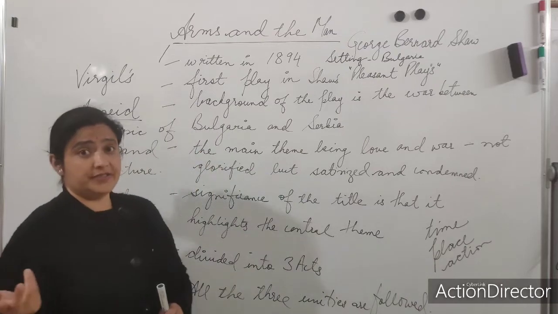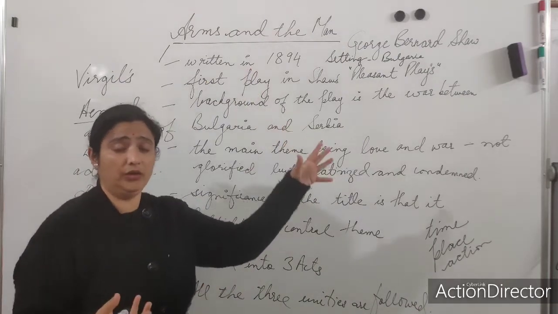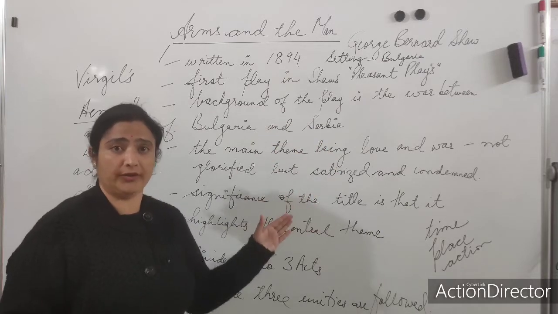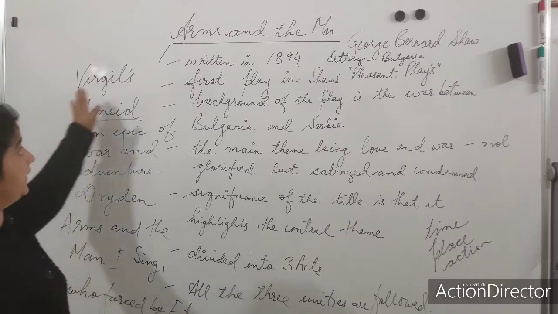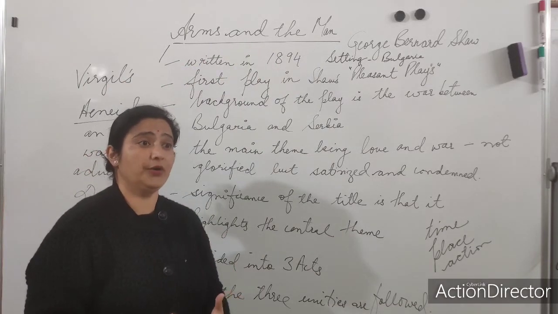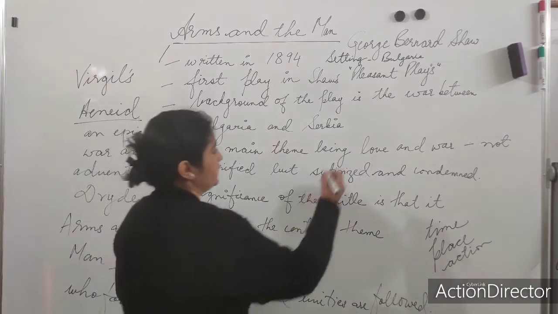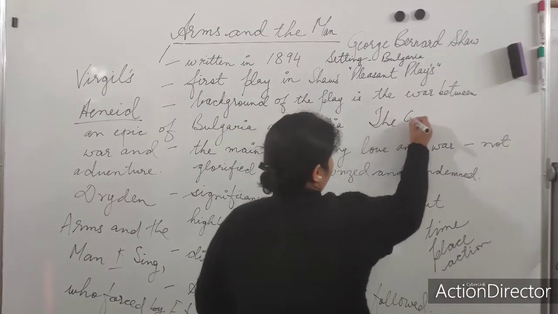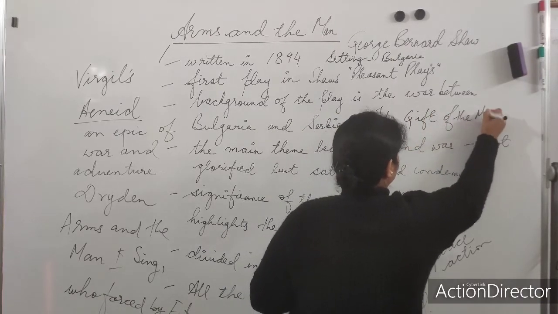Since you are in third semester, I hope you are told that any work which is in the form of a book is underlined. That is why I underlined the title of the play, right? But if I am talking about, say for example, a short story, The Gift of the Magi, I will not underline it. Now what will I do?